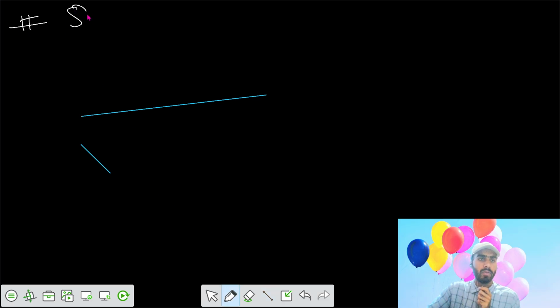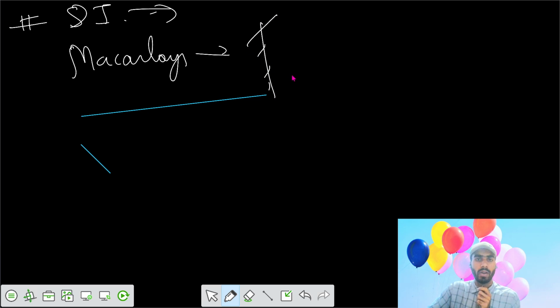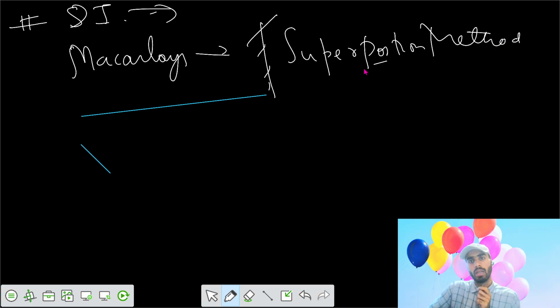The first one is double integration, and after that the advancement of double integration, which is Macaulay's method. We solved a lot of questions on both methods. Now we'll be dealing with the superposition method in the next lecture. Hope you enjoyed the lecture.